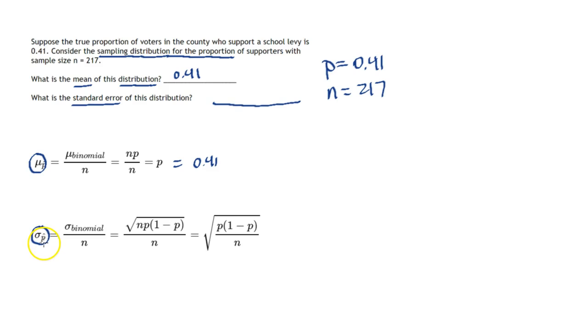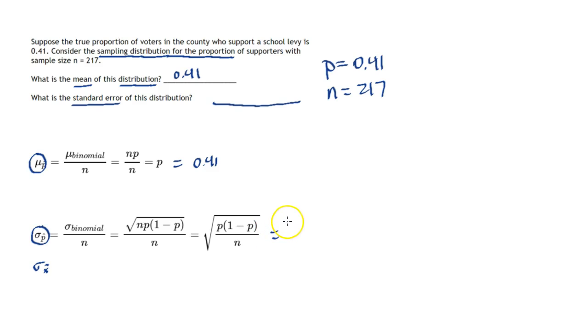This also applies to the standard deviation of a sample mean. There's a sample proportion and sample mean, which would look like sigma sub x bar. That is also known as standard error. Both of these are called standard errors because they're both standard deviations of a sampling distribution.